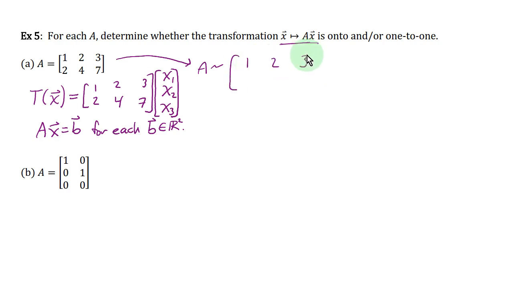I meant -2 times the first row plus the second row to replace the second row. So that would be 0, 0, 1. So this has a pivot position in each row. So A itself, we can say right here, has the same pivot positions as this other matrix that it's equivalent to.